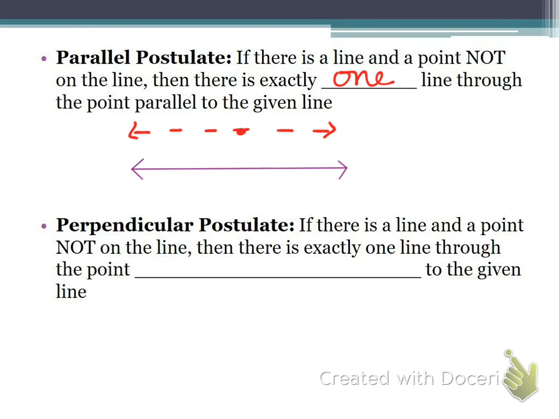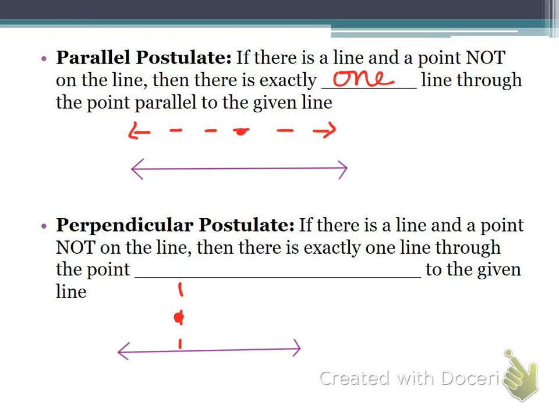Okay, we can also draw a picture for the other situation. It again starts off with a line and a point that is not on that line. This time, there's going to be 1 line that is, read the title of this postulate, perpendicular to the given line.